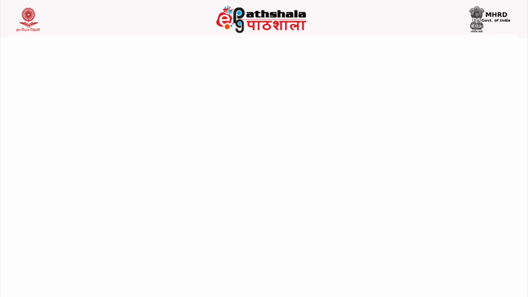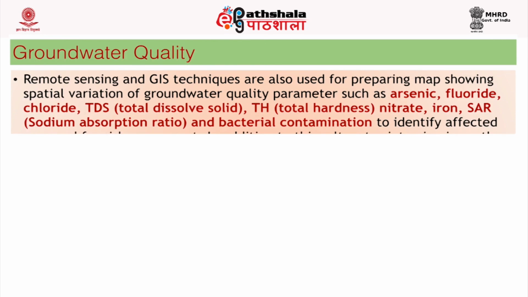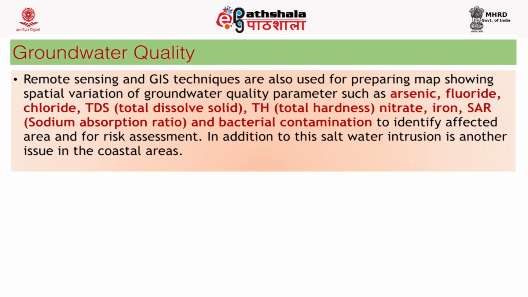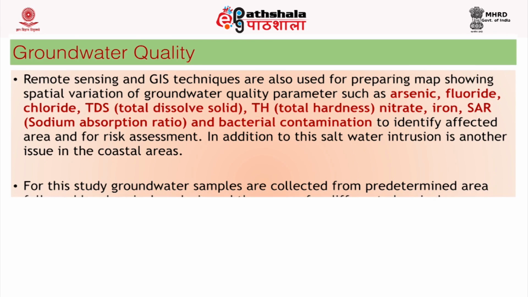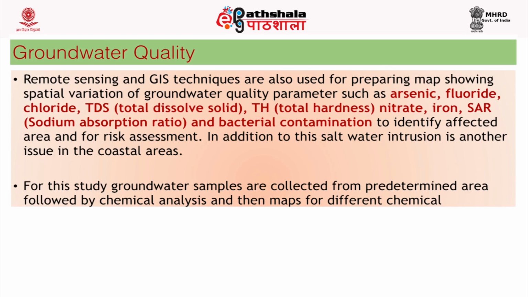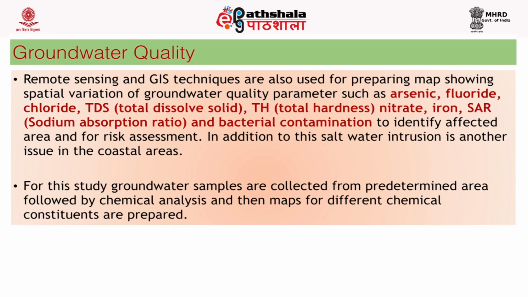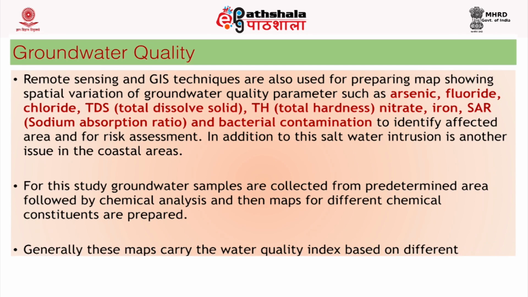Remote sensing and GIS techniques are also used for preparing maps showing spatial variation of groundwater quality parameters such as arsenic, fluoride, chloride, TDS, TDS is total dissolved solids, TH is total hardness, nitrate, iron, SAR, SAR is sodium absorption ratio, and bacterial contamination to identify affected areas and for risk assessment. In addition to this, saltwater intrusion is another issue in the coastal area which can also be studied by this method.